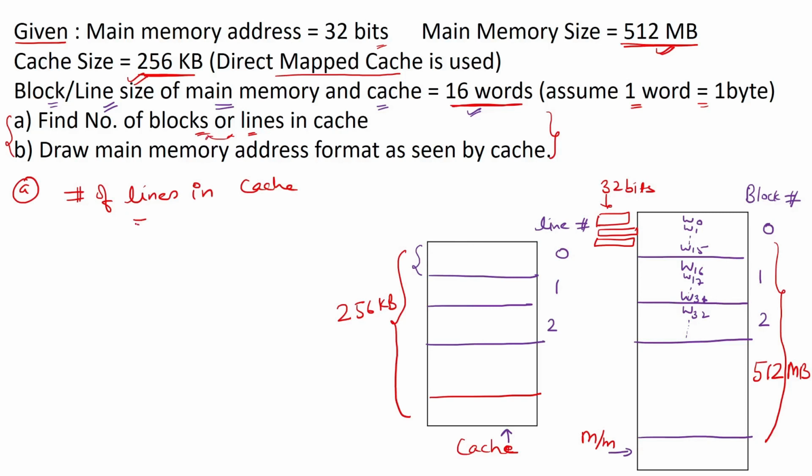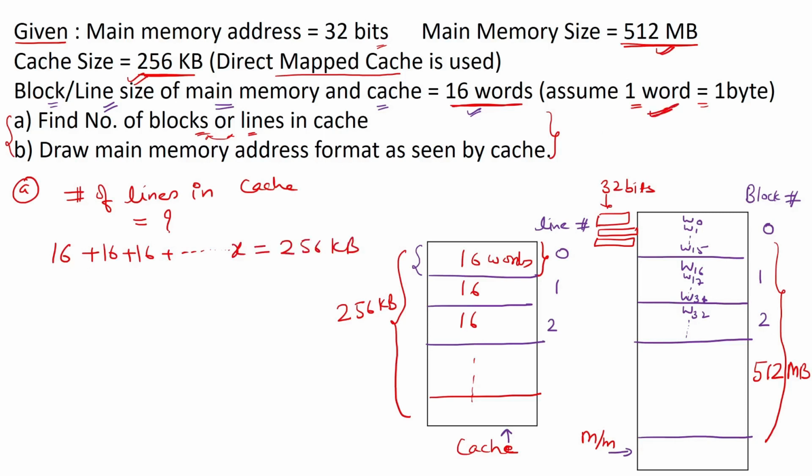To find the number of lines in the cache, we know the total size of the cache is 256 KB, and each line is 16 words, so each line contains 16 words: 16 words, 16 words, 16 words and so on. We can compute this in the aptitude form: 16 plus 16 plus 16, till x times, makes 256 KB.